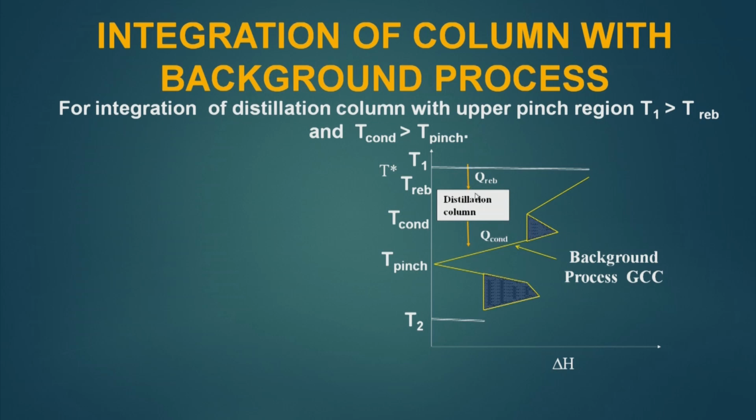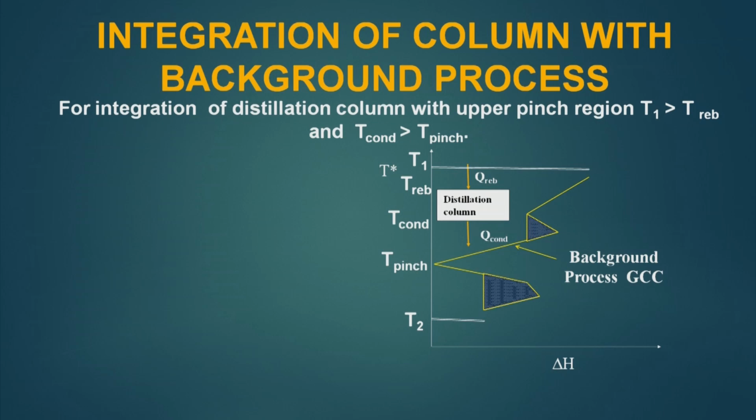Now, what are we gaining out of it? The distillation column is running free of cost, whereas the background process is also running with the help of the same hot utility. So, by integrating this distillation column above the pinch, I am basically running this distillation column almost free of cost.